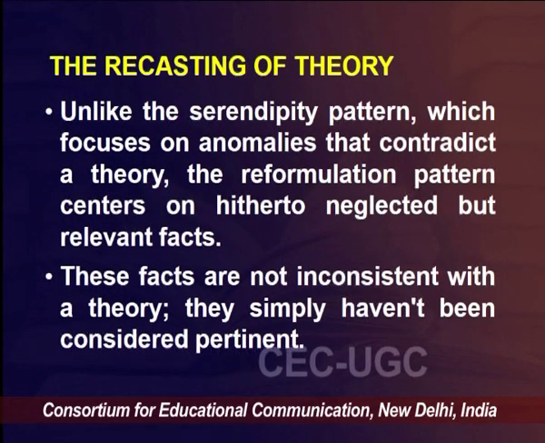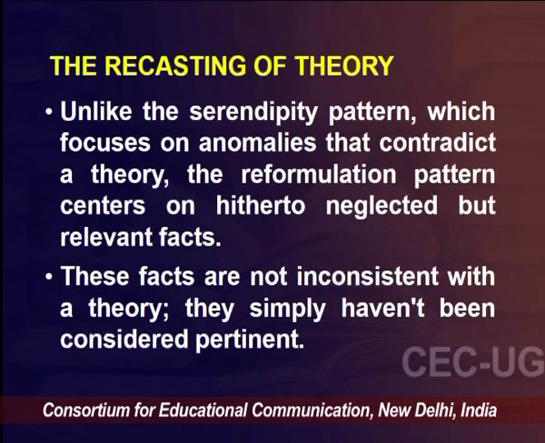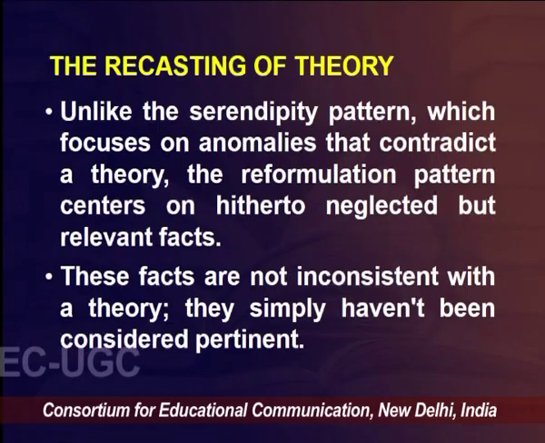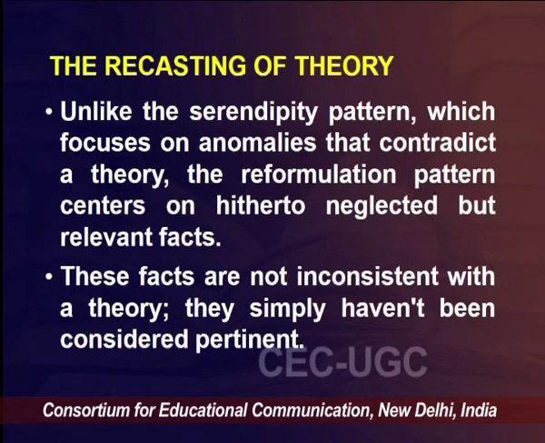Unlike the serendipity pattern, which focuses on anomalies that contradict a theory, the reformulation pattern centers on hitherto neglected but relevant facts. These facts are not inconsistent with a theory. They simply haven't been considered pertinent or important.